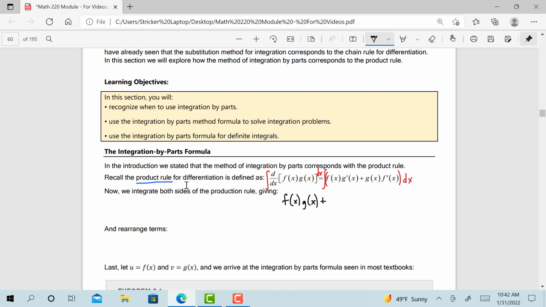So we could rewrite this as the integral of f of x times g prime of x dx plus the integral of g of x times f prime of x.